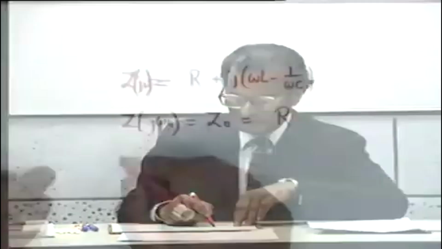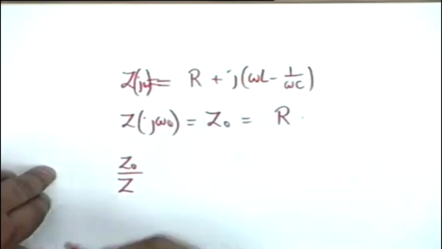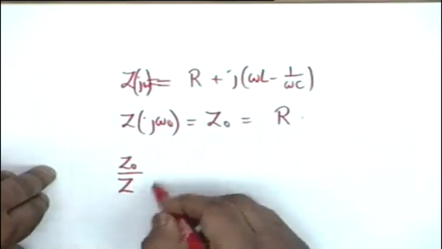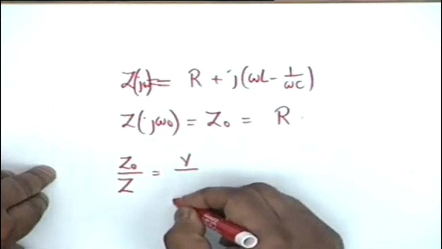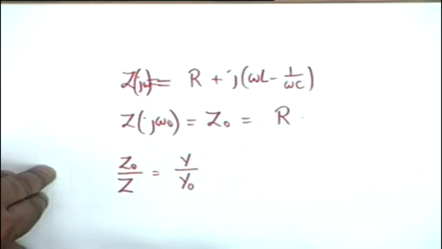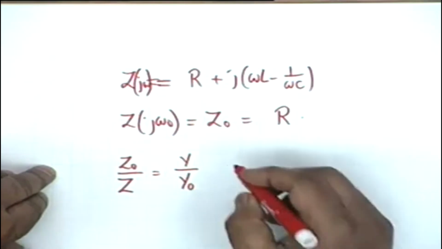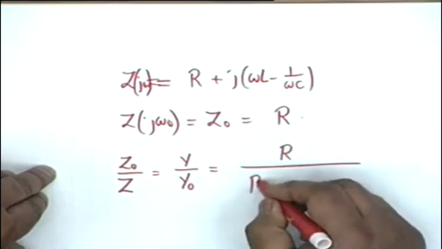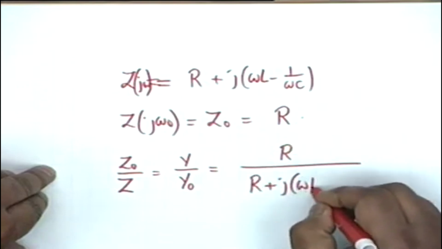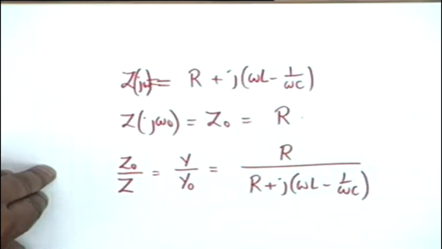So what we do is we divide Z0 by Z. Obviously then this ratio will be dimensionless, and you can see that this will be the same as the admittance to the admittance at resonance, and you can express this as R divided by R plus j omega L minus 1 by omega C.